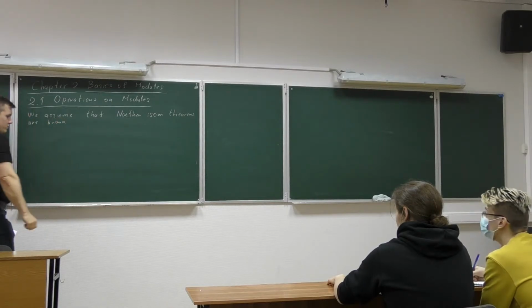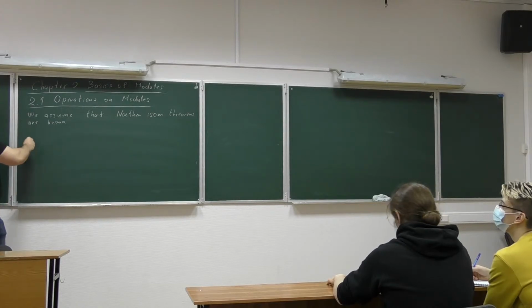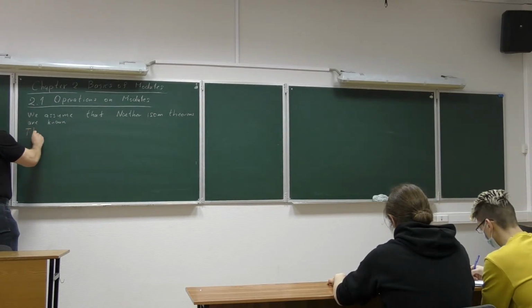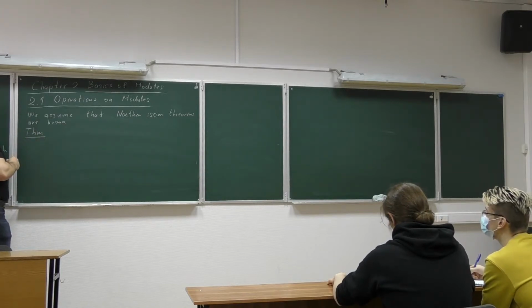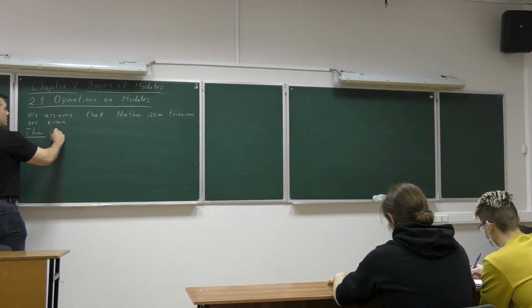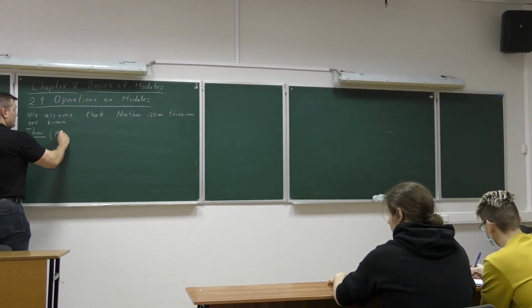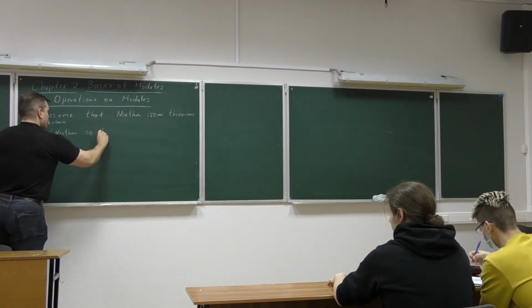If you don't know how to prove those theorems, it's not a problem. We're going to discuss this on a seminar on Friday. But these four theorems I'm going to use without any explanation.